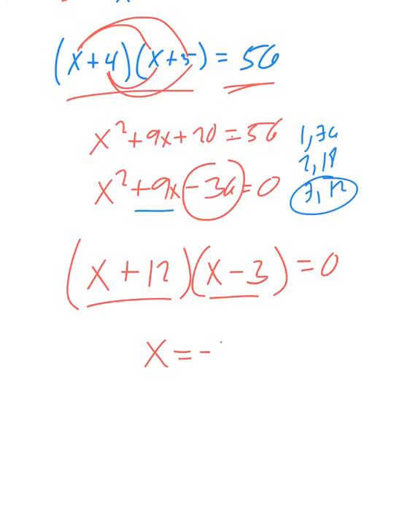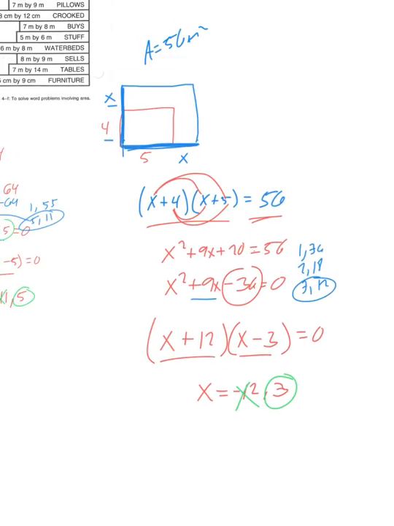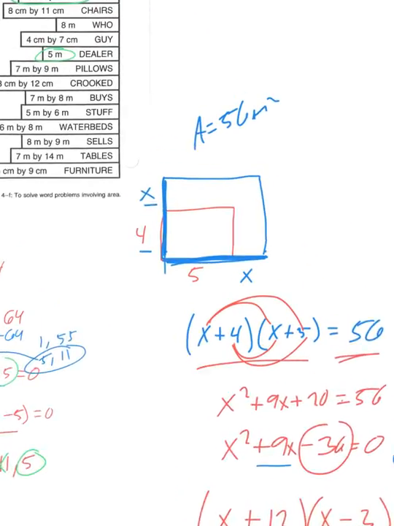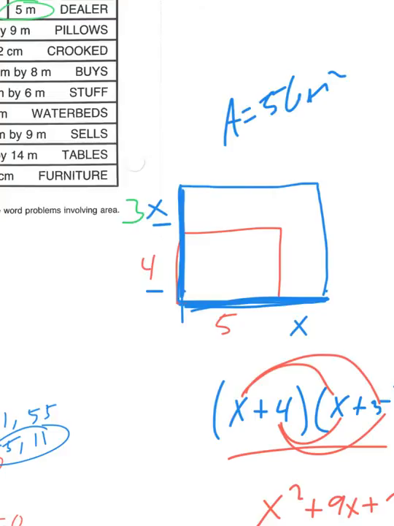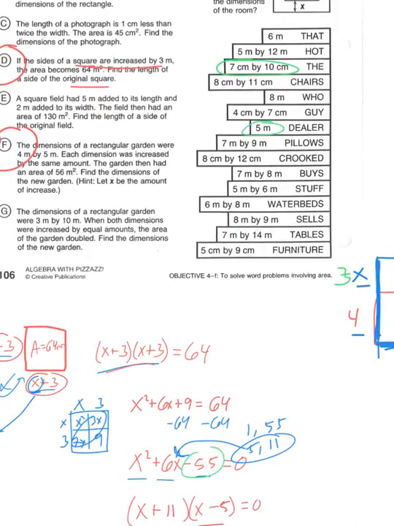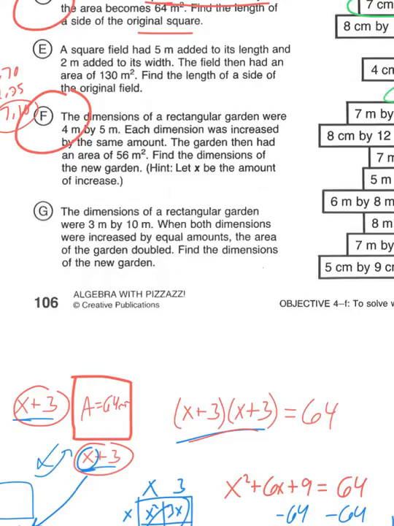So now what values of x will plug in each one of those to make it true? Negative 12 and positive 3. And again, negative 12 won't be my answer, though. So x, that distance we extended the garden by on each side, must be 3 meters. Now, as we're looking at that one then, so if I say that this is 3 meters on each side, okay, 3 meters here and 3 meters here, we got to read the question carefully because it says what are the dimensions of the new garden?